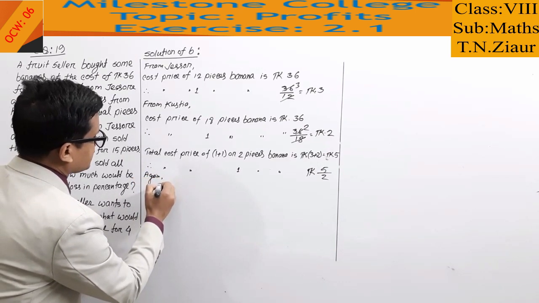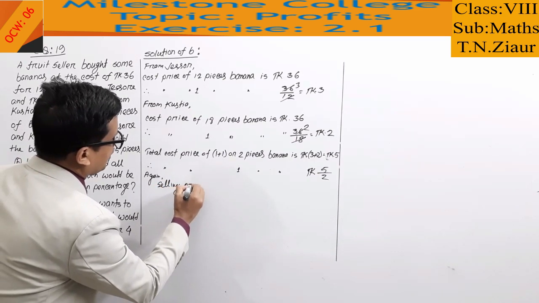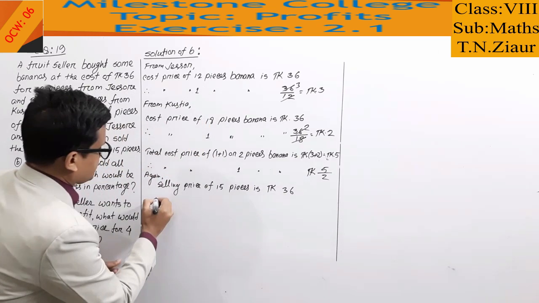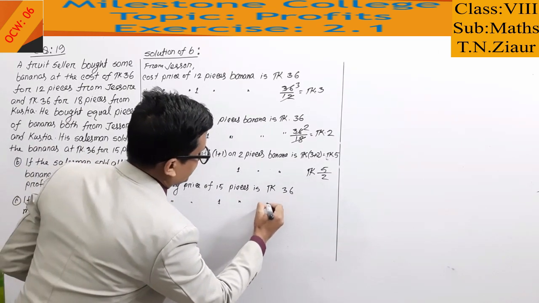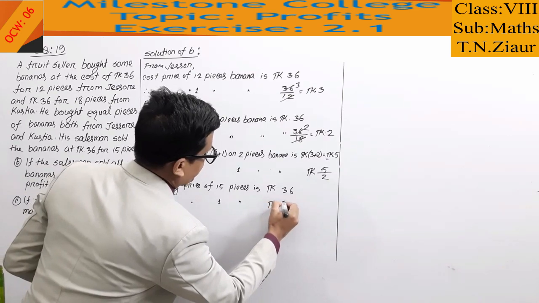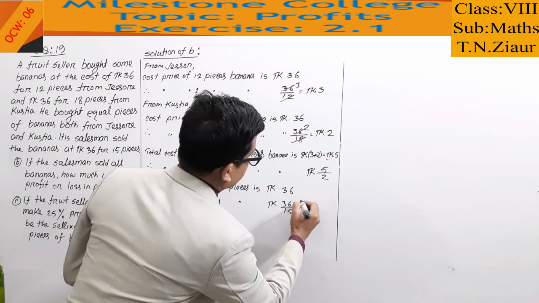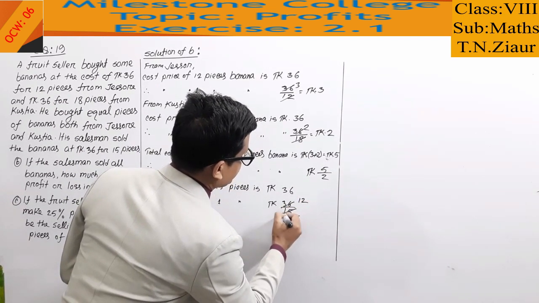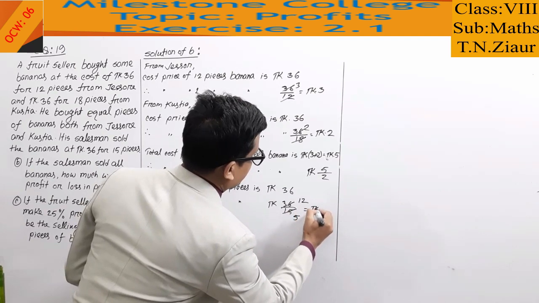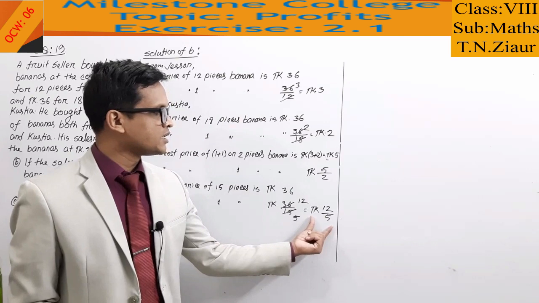The selling price of one banana is 36 by 15. 3 twelves are 36 and 3 fives are 15, so it will be taka 12 by 5. This one is the selling price.